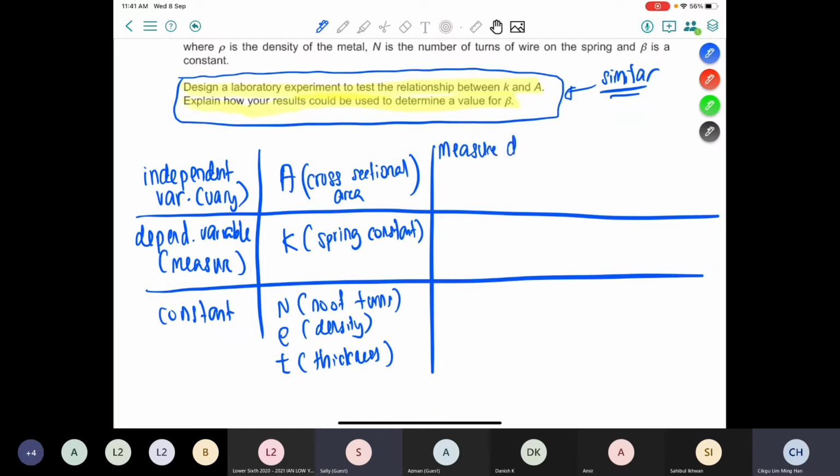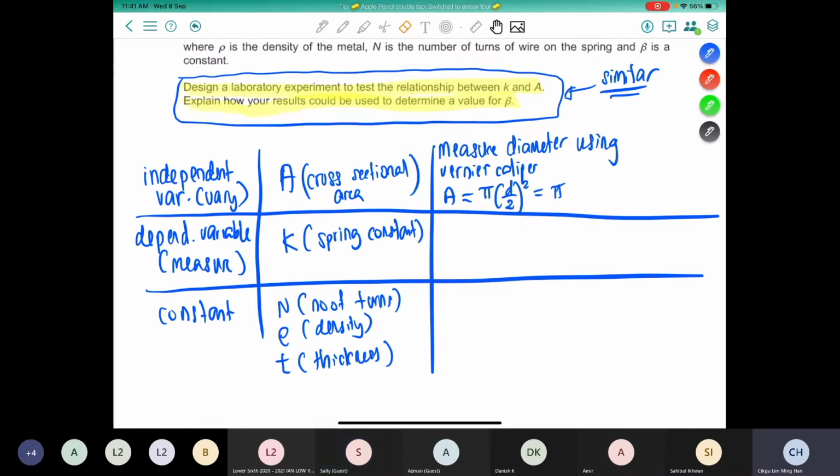Okay. Then use the formula d divided by 2 to get the radius, and use A equals pi r squared to find the area. So it'll be something like this. Am I right? Yes.